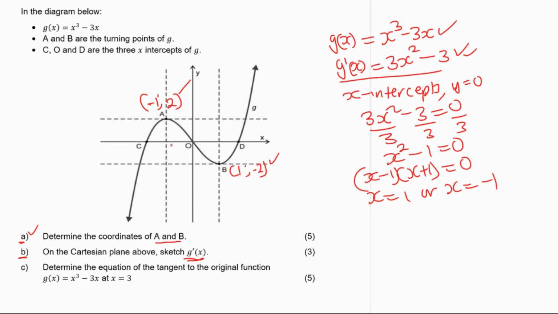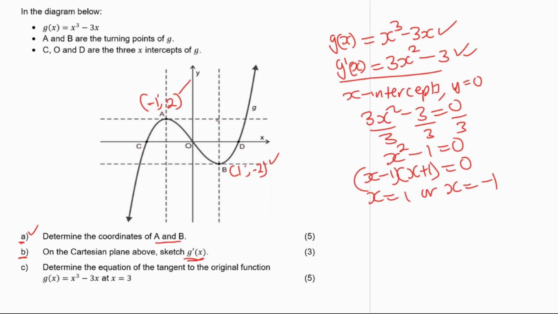The other thing I would like you to remember is that the x coordinates of the turning points of the original graph are the x coordinates of the x-intercepts of the derivative graph.